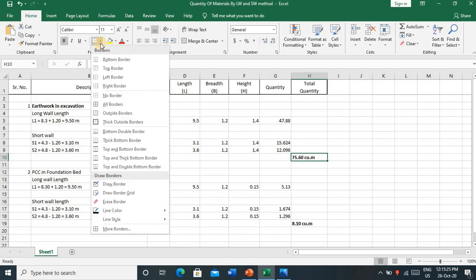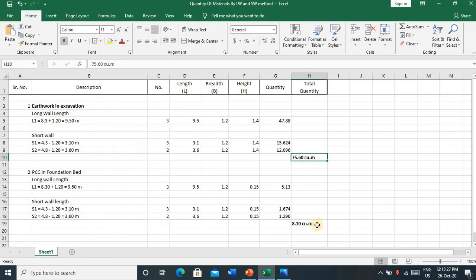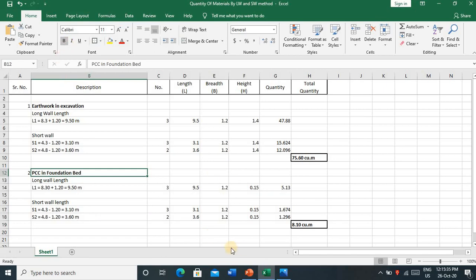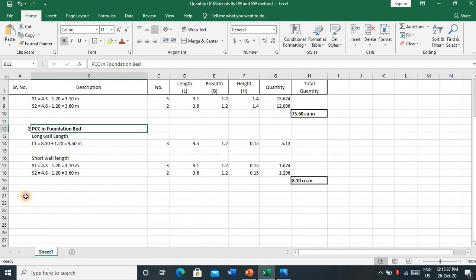We will give it a thick outside border also. Okay, so next, the third quantity is your UCR masonry in foundation and plinth.